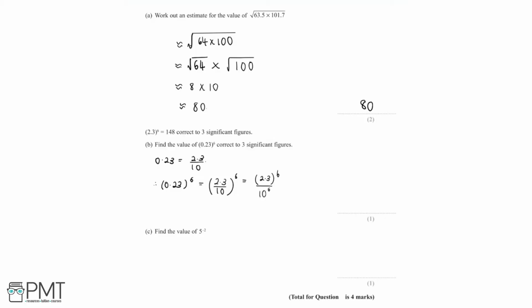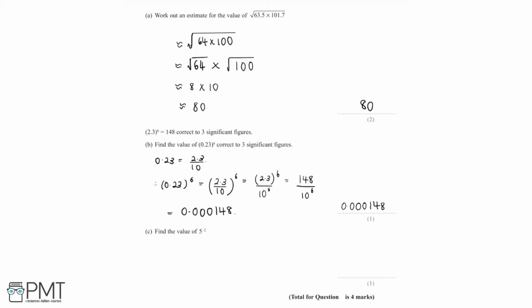Now in the question, we're told that 2.3 to the power of 6 is equal to 148. And so we can simplify this into 148 divided by 10 to the power of 6. Now we need to do 148 divided by 1 million, which will leave us with an answer of 0.000148.